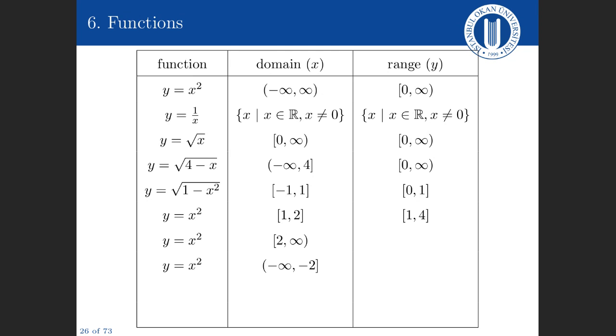First of all, if x is between 1 and 2, y must be between 1 and 4. That's straightforward. And if x is between 2 and infinity, then y must be between 4 and infinity. For the next one, remember we're squaring it. Minus infinity squared is infinity. Minus 2 squared is 4. So again, y must be some number between 4 and infinity.